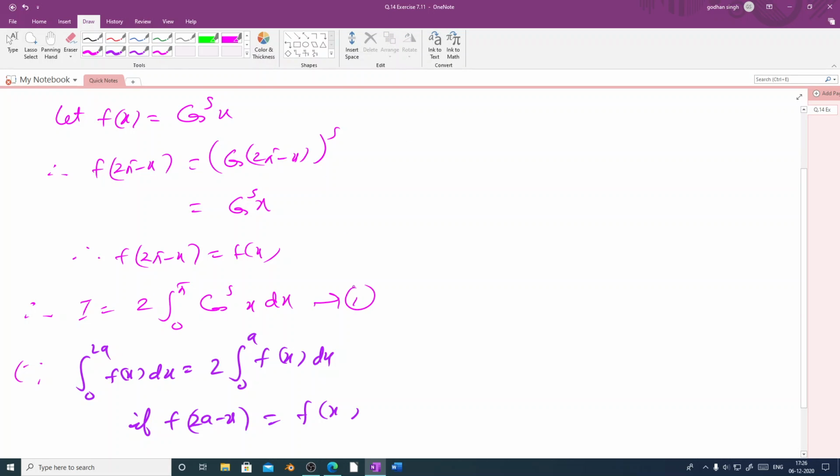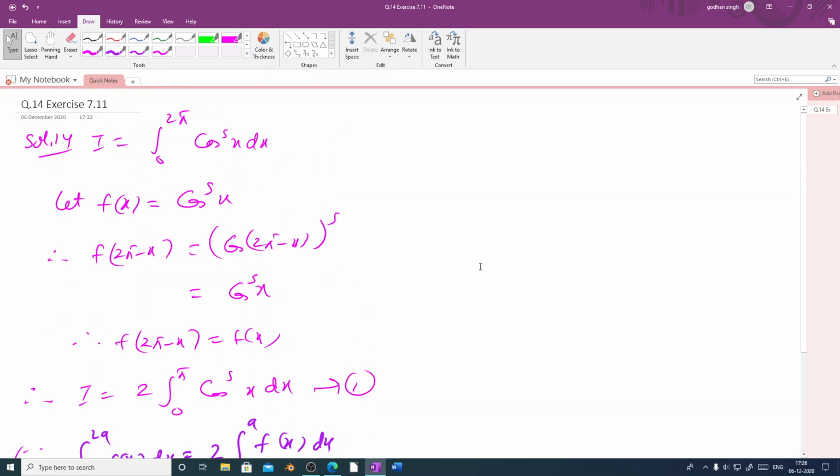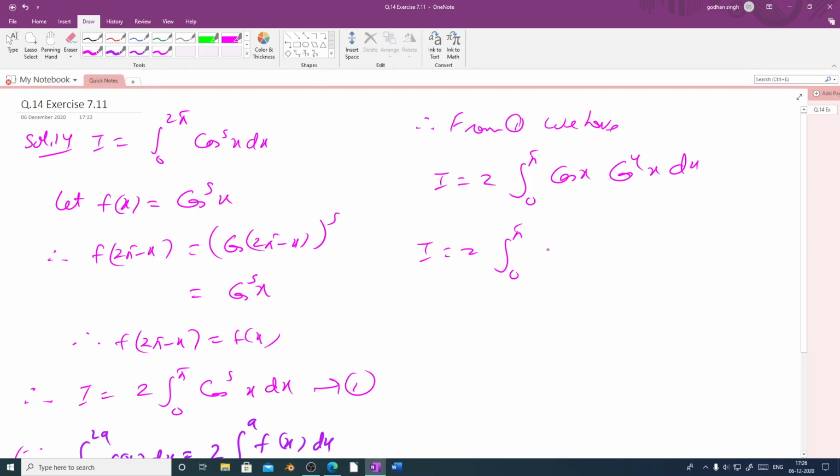Let this be equation 1. So from 1 we have I equal to 2 times the integral from 0 to pi of cos x into cos raised to 4 x dx, which can be written as 2 times the integral from 0 to pi of cos x times (cos square x) whole square dx.